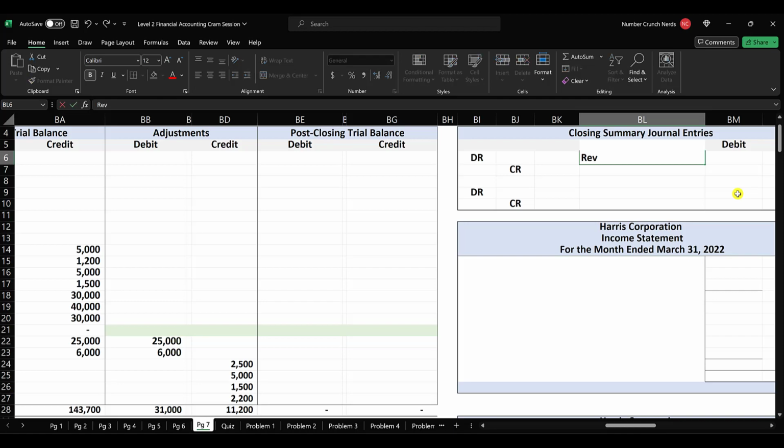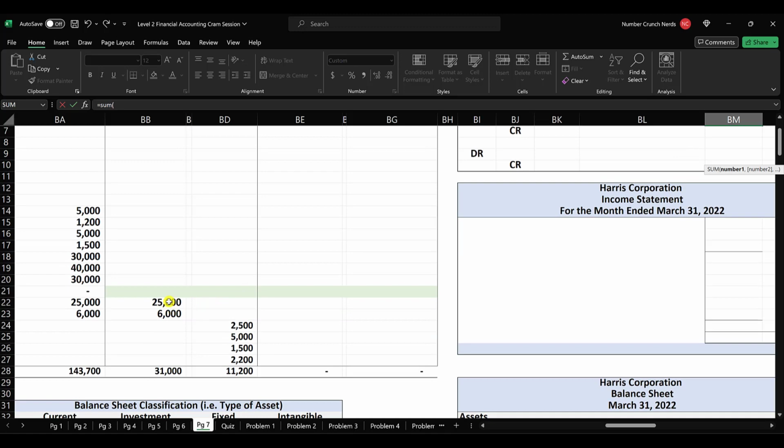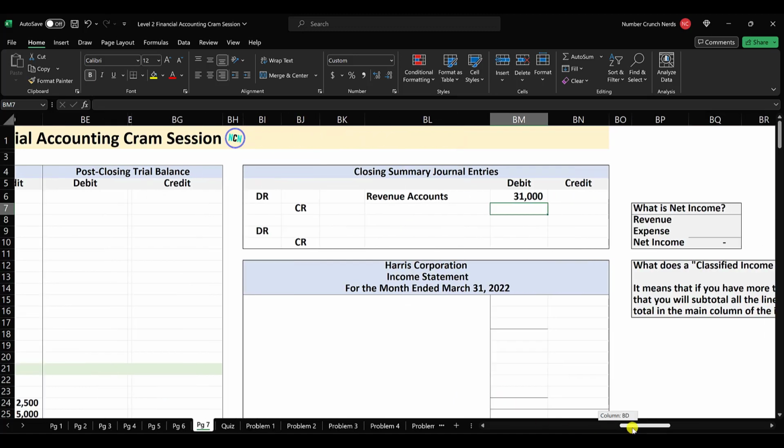I'm going to say revenue accounts. And for that debit, I'm going to sum up this entry right here. Here's the entry that I just made. I'm going to sum up all my debits right there. And what is the other side of that going to be? Well, we know it's going to be 31. What is the credit going to be to?